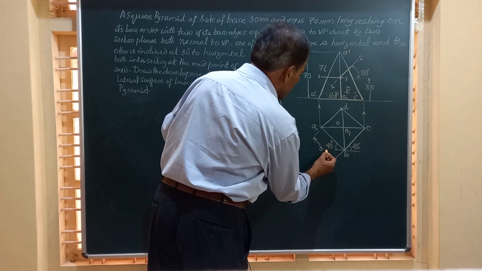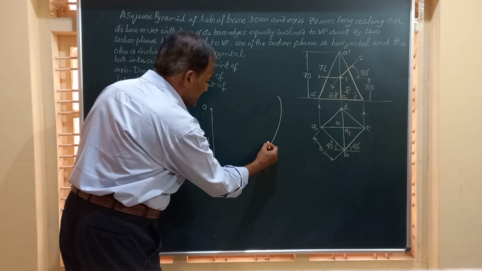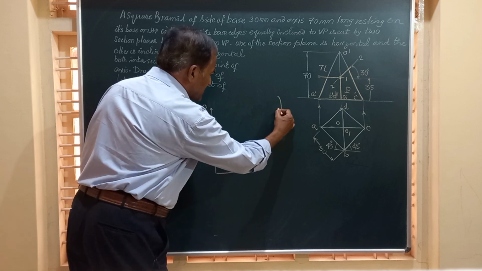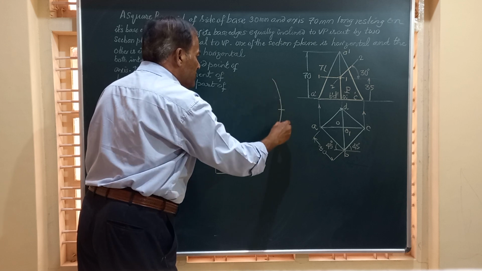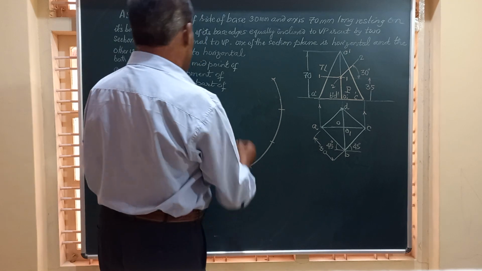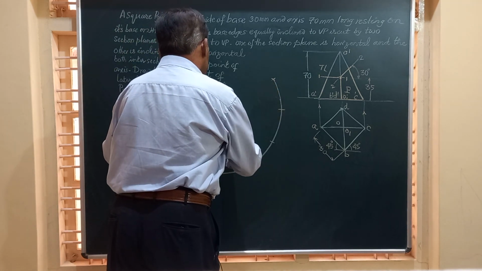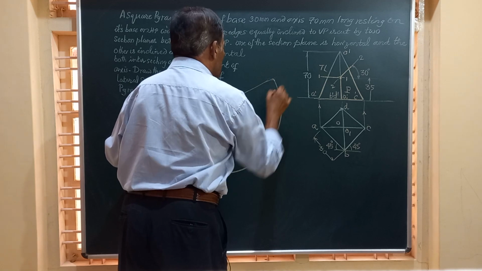I am going to step off distances of 30, 30, 30, and another 30. So I am going to mark off this distance of 30 millimeter each. And I am going to join that last point to this O.